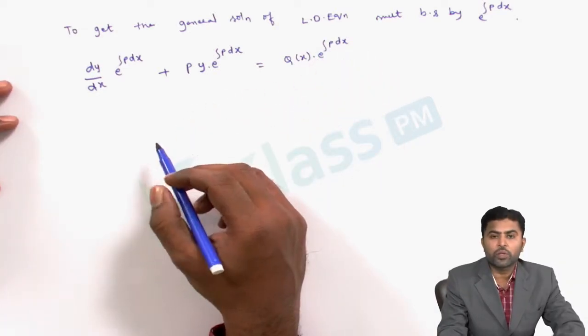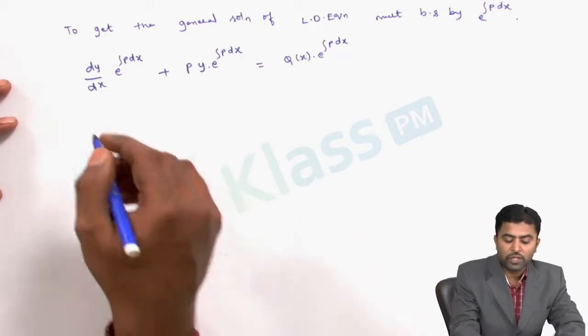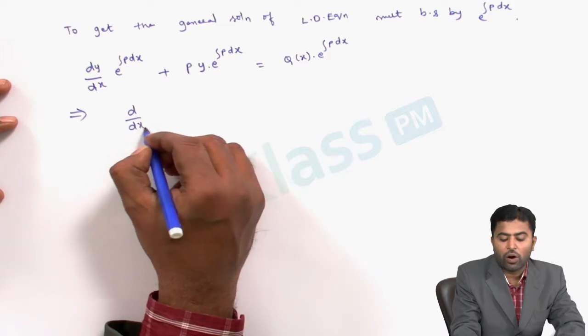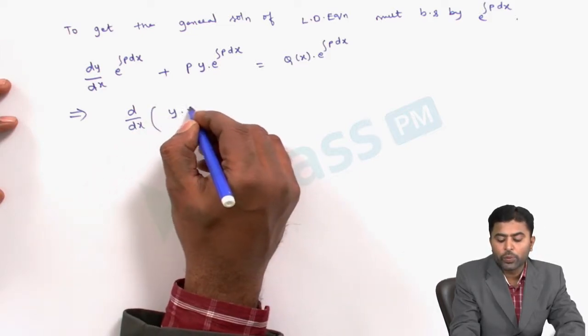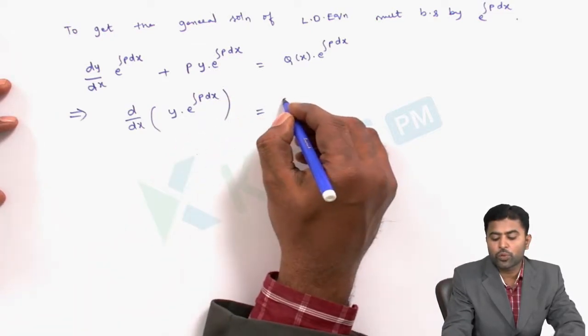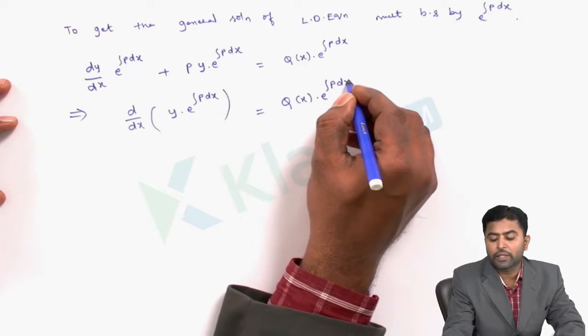We are multiplying both sides by e power integral p dx. If you observe this, we can write it as d by dx of y into e power integral p dx, which is equal to q of x into e power integral p dx.